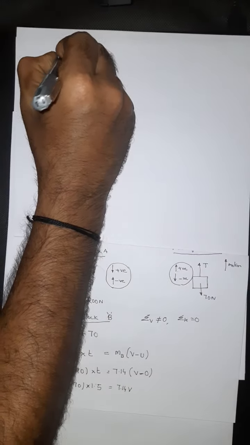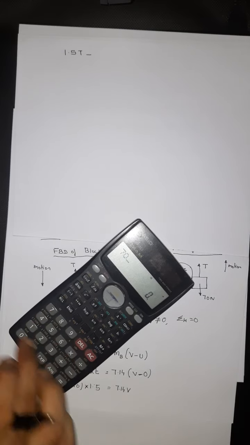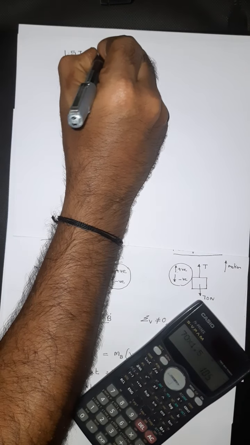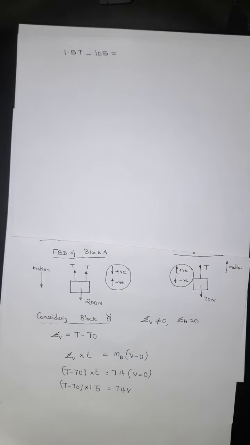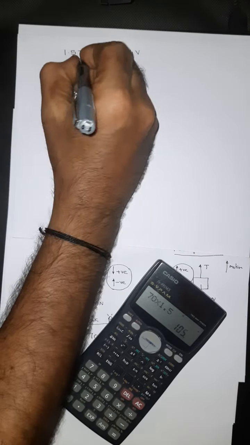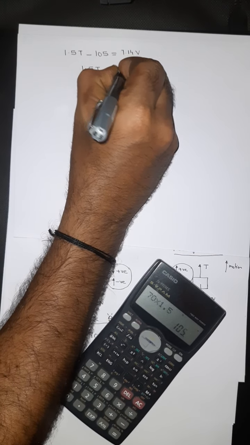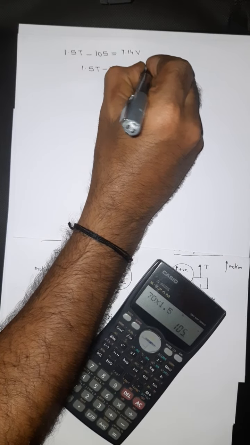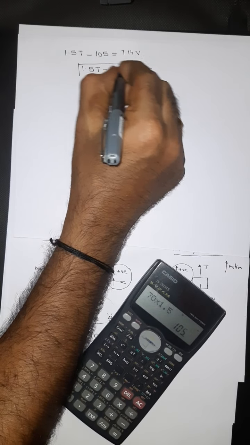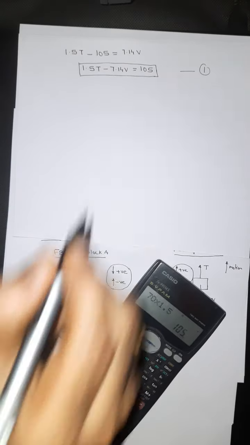Therefore 1.5 T minus 70 into 1.5, which works out to 105, equal to 7.14 V. So 1.5 T minus 7.14 V equal to 105. So this is equation number 1.